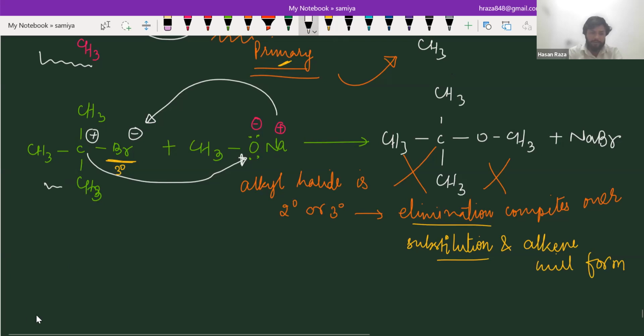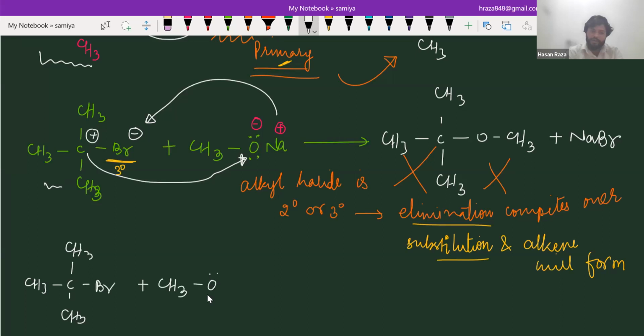Now you can see that if you have this reactant, CH3C, CH3, and then CH3 and then Br, in this reaction again I'm going to write CH3 and then O and then Na, and you know that there will be metal positive and there negative. Then the product is basically what?